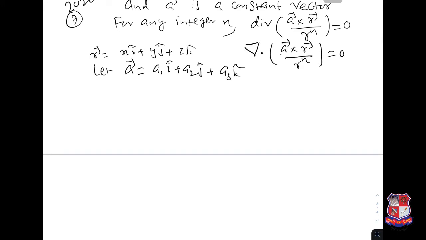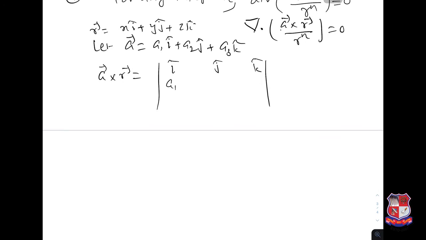Let us find A cross R. A cross R is equal to the determinant with rows i j k, A1 A2 A3, which are constants, and x y z.